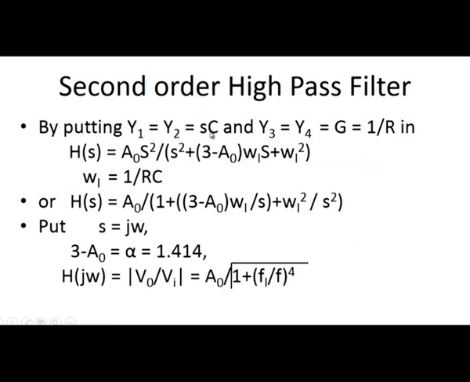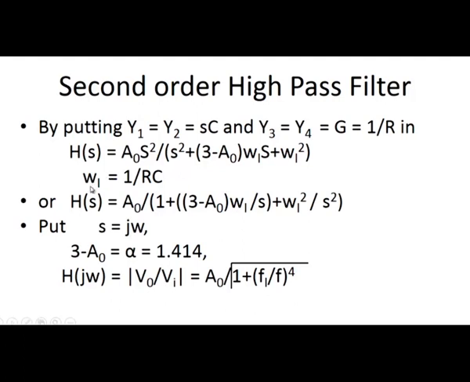In the general equation, you substitute these values and you get H of s as A naught s square divided by this term. Previously we represented the cutoff frequency as omega h for the low pass filter, and here it is omega L for the high pass filter, given as 1 by RC.